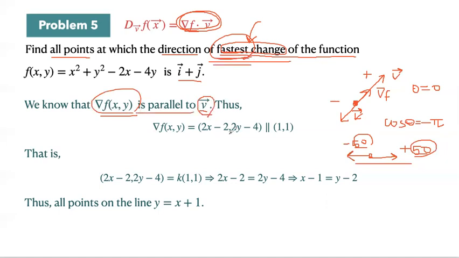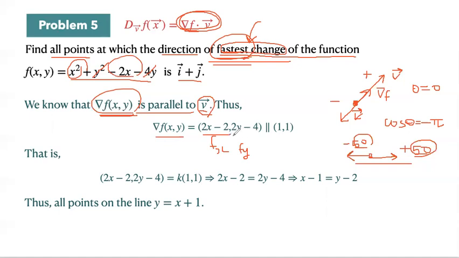Okay, so since our gradient f vector is given by fx and fy, we can calculate it quickly. If we differentiate this function with respect to x, then we get 2x, and the other term is constant, so we get minus 2. So 2x minus 2.